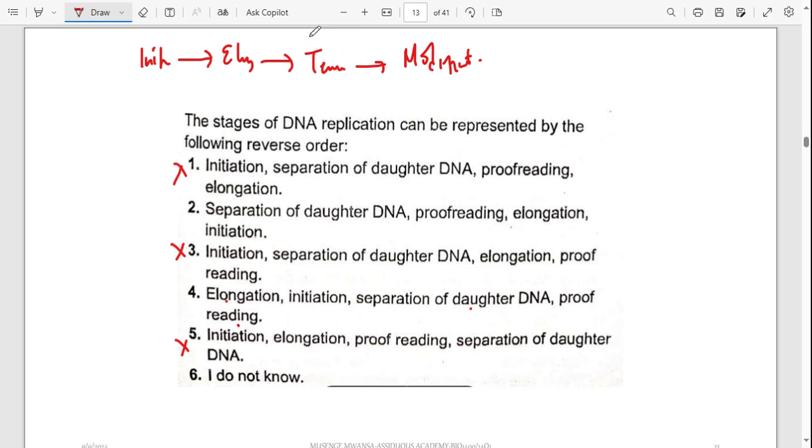But proofreading, controlling mistakes, doesn't just happen after termination. You can control the mistakes before you terminate the chain, while you are just synthesizing the chain.